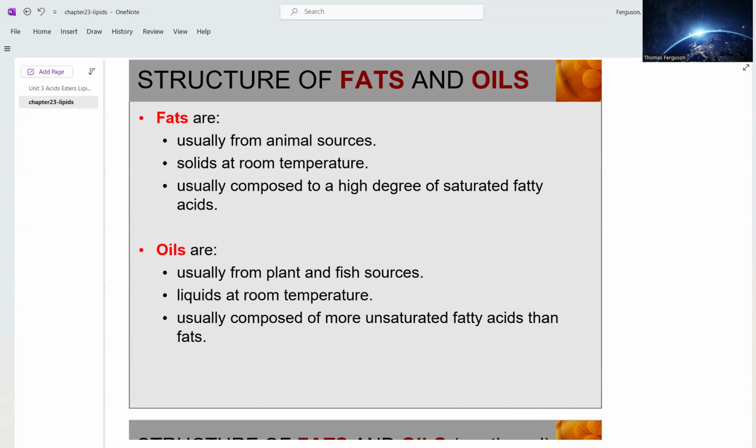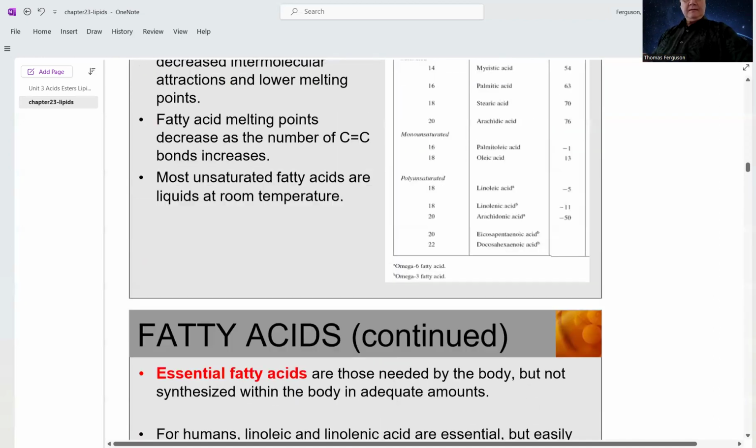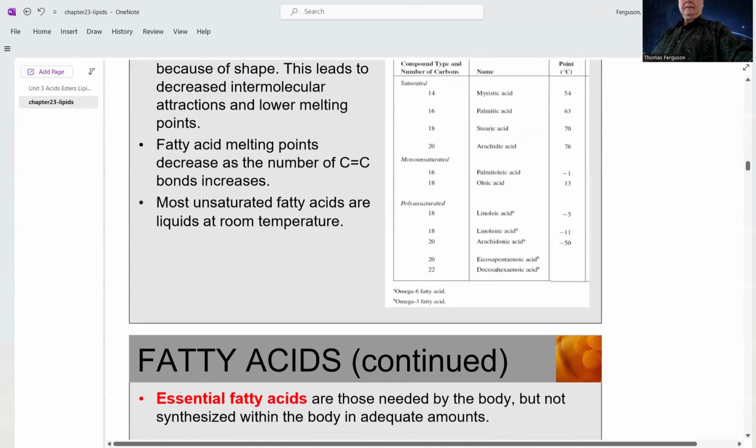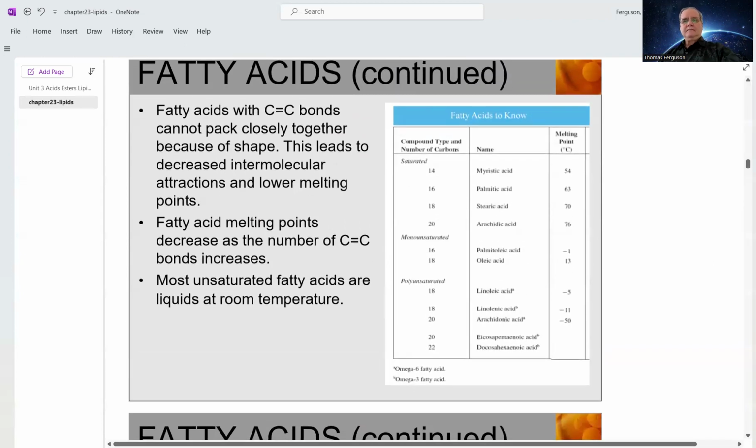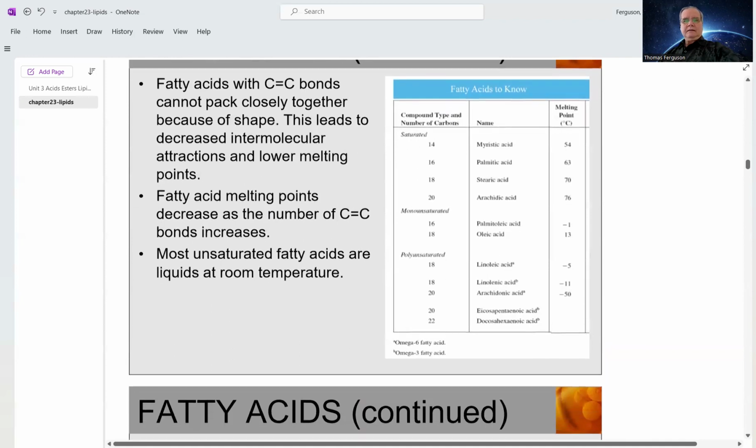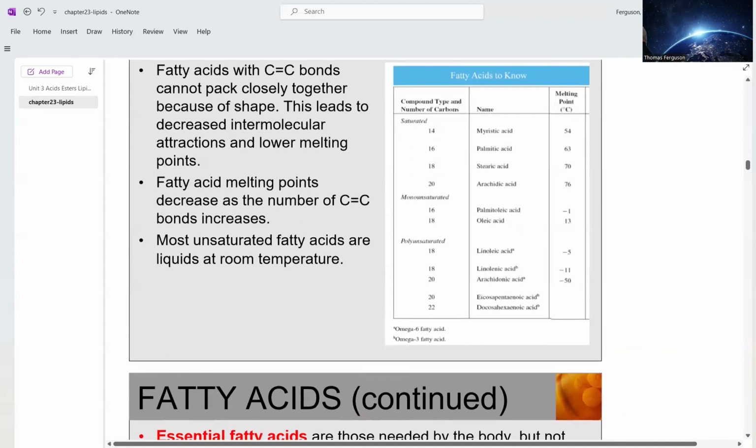Now, some are kind of on the edge, like for example, if you go back up here, you can see how the temperatures differ quite a bit in terms of their melting points.